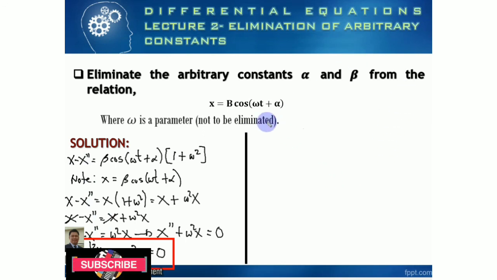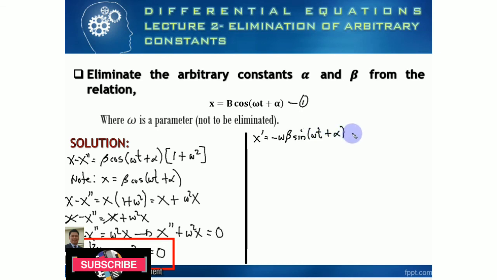So if you can still remember, we have here our equation 1, and we also already got our x prime, which is equal to negative omega beta sine of omega t plus alpha.